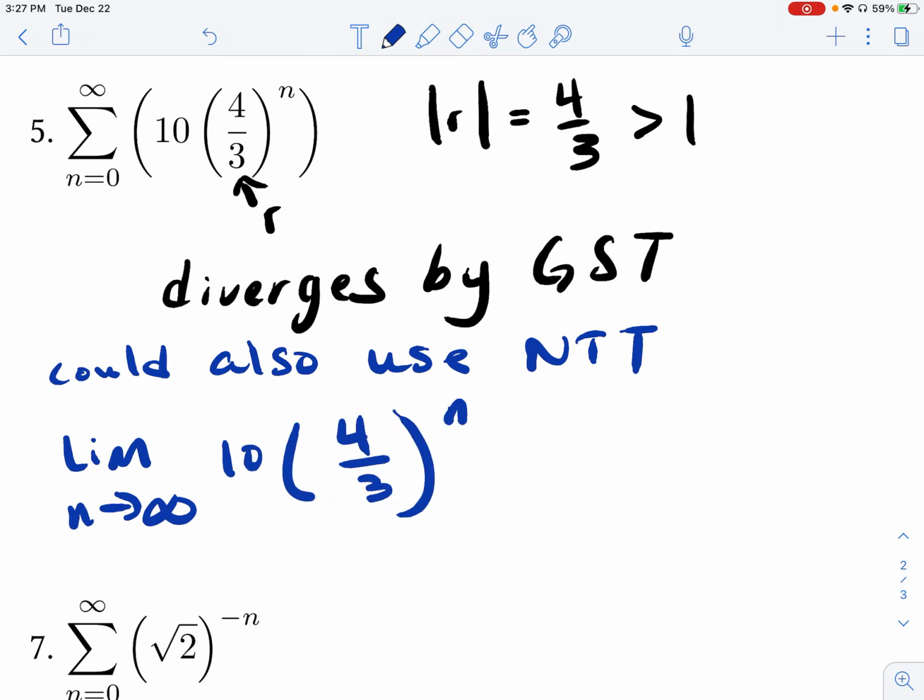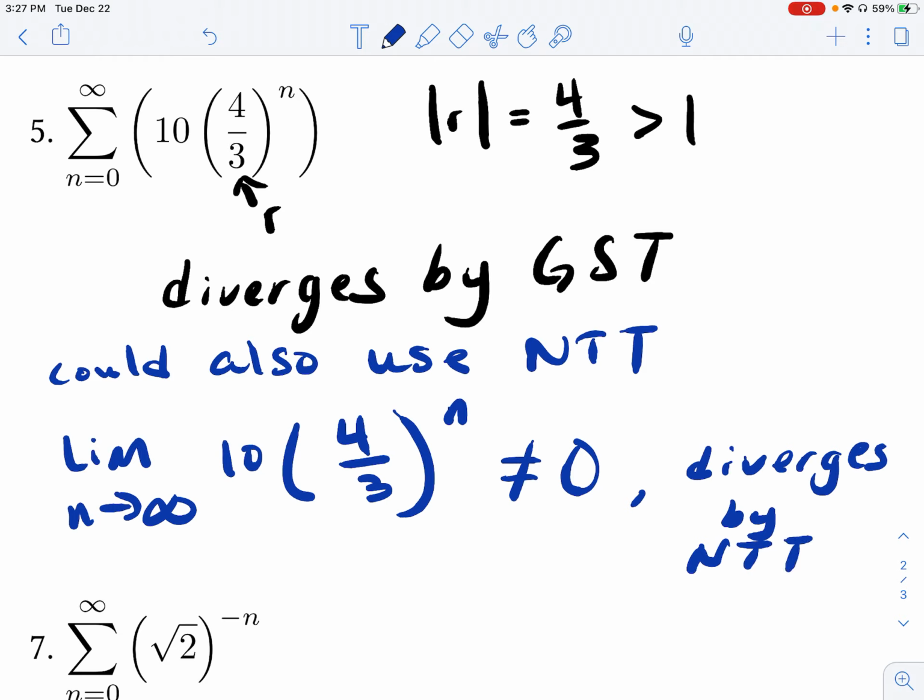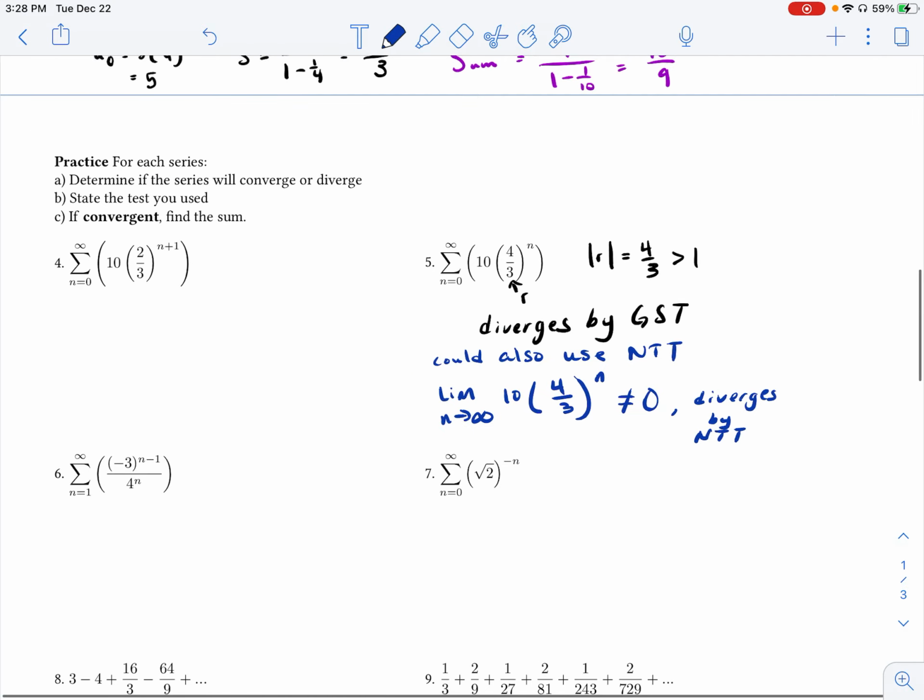There's our a sub n. Well, as n approaches infinity, I don't care about what the limit actually is. All I care about is whether or not it is 0. This is not equal to 0, therefore diverges by NTT. So either one of those tests would have worked for this one. Okay? Let's try another one.